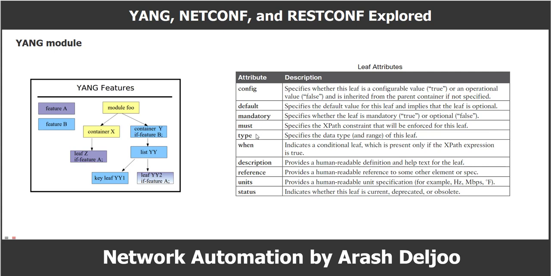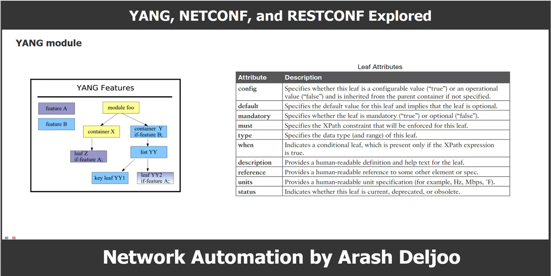Must. It specifies the XPath constraints that will be enforced for this leaf. About the type, it specifies the data type and range of this leaf. About the when, it indicates a conditional leaf which is present only if the XPath expression is true. About the description, it provides a human readable definition and help text for the leaf.